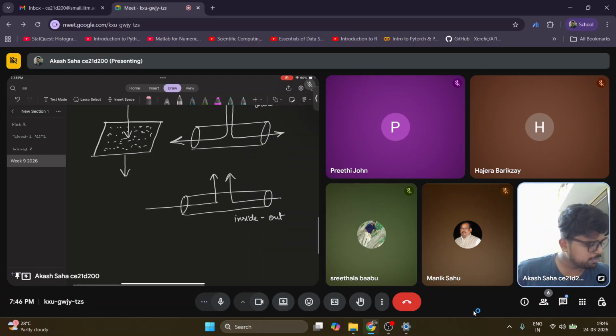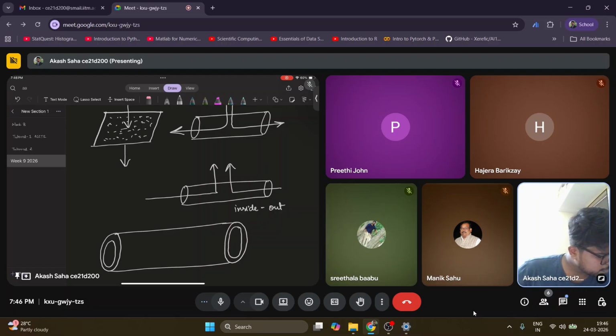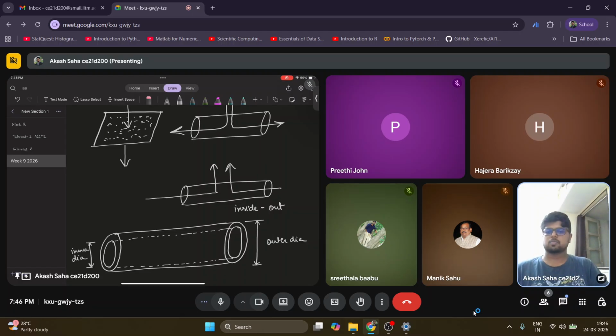So if you draw it more properly, it will be something like this. This will be my outer diameter, and this small one will be my inner diameter, right?